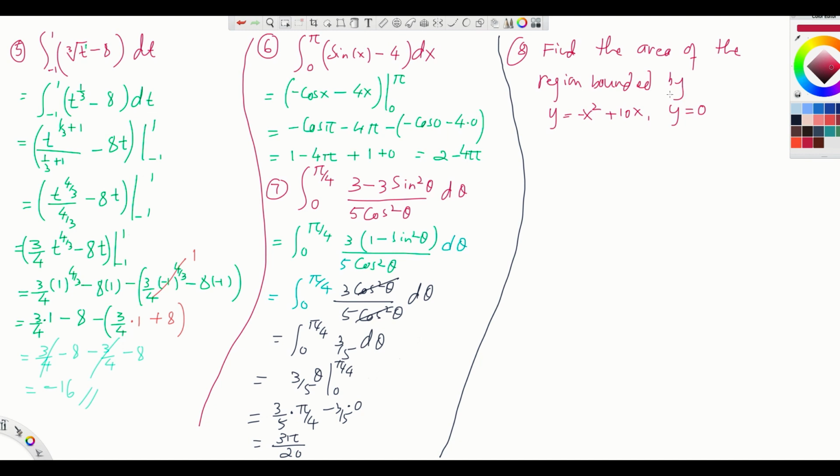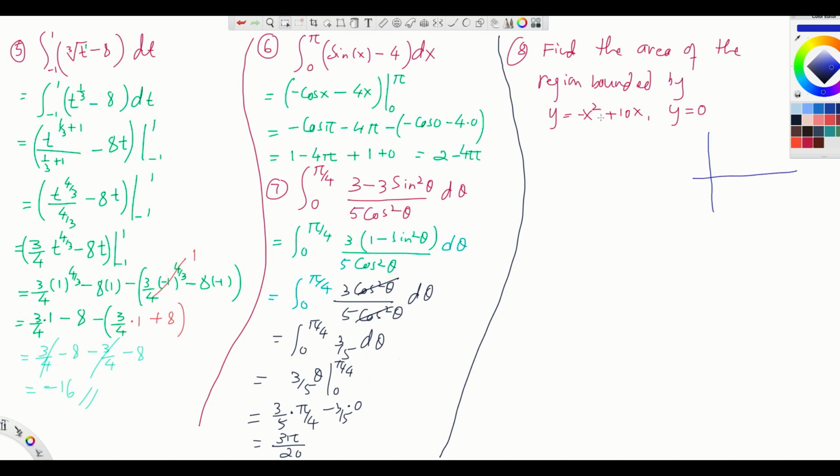Okay, so here you need to know what the graph looks like first. Because this is a quadratic where the first term is negative, a is negative, meaning it is a parabola that opens downward, right? And I want to know what the x-intercepts are for this problem.